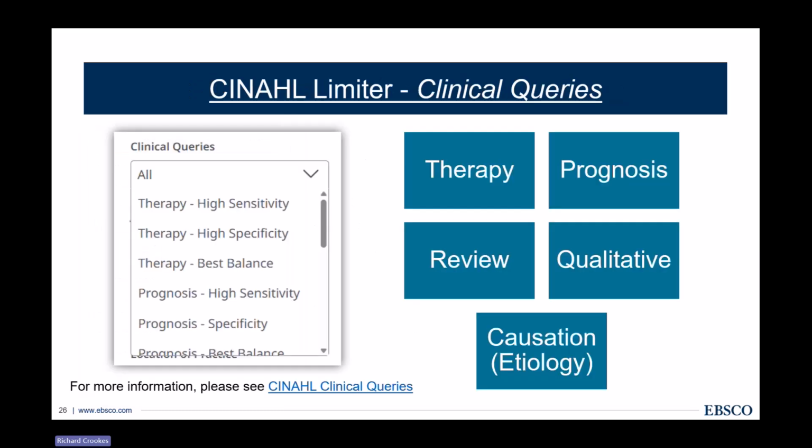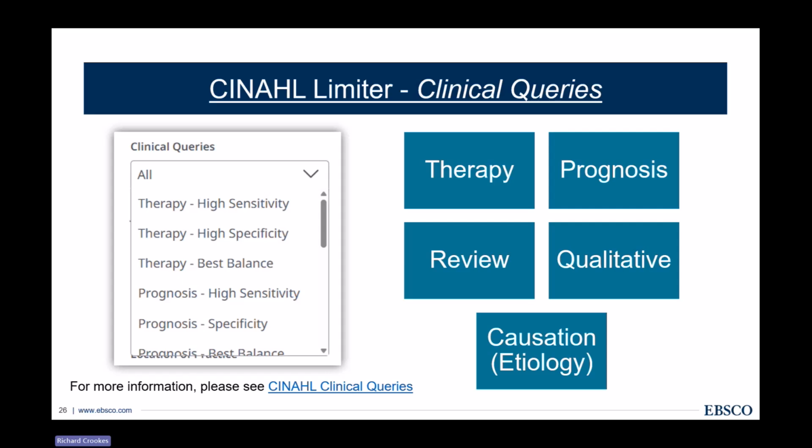And then there are clinical queries filters. There are these 5 for CINAHL: therapy, prognosis, review, quantitative research, etiology. And for each of those 5 research areas, there are 3 strategies. If you're looking at the broadest search to include all relevant material, but may include less relevant content, that's high sensitivity.